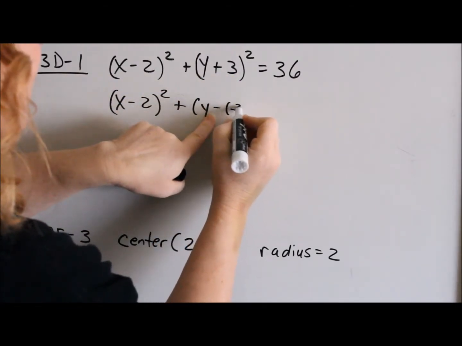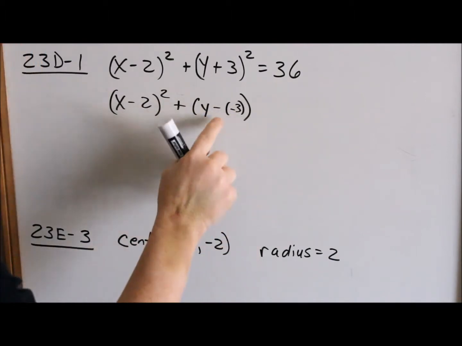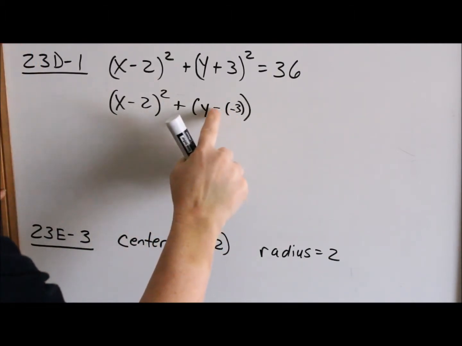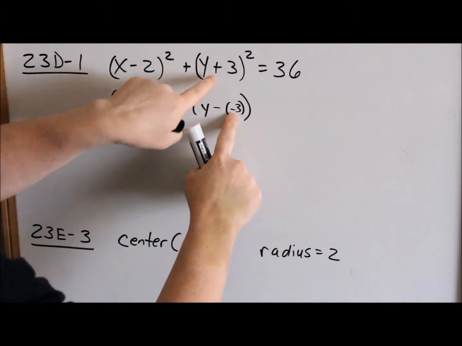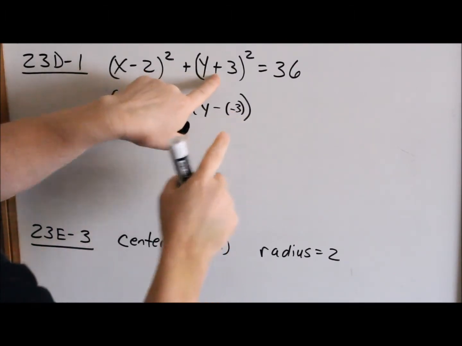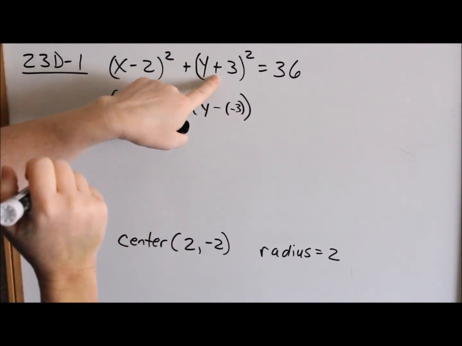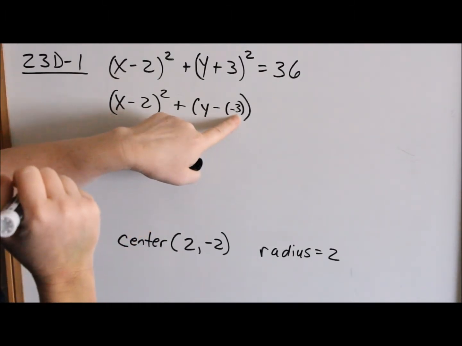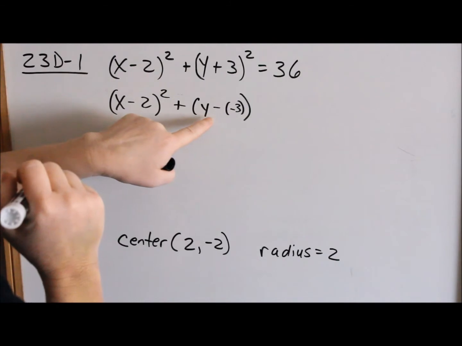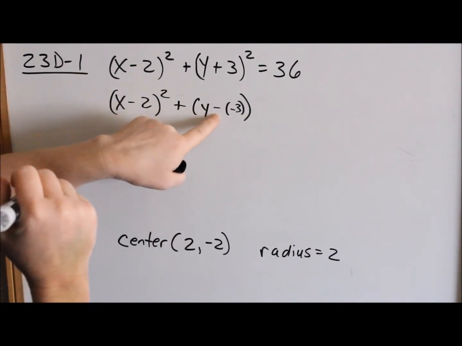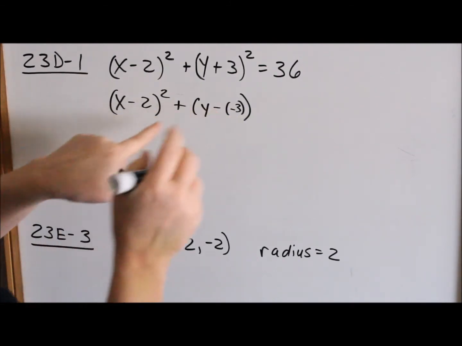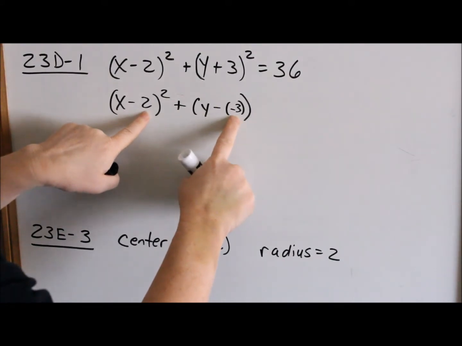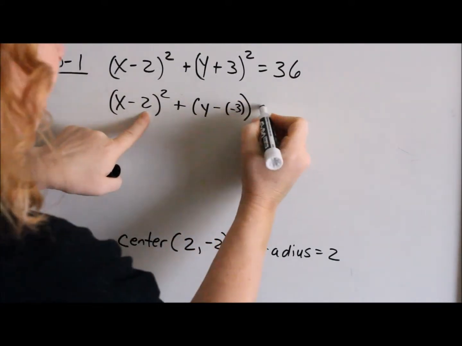It would need to be a negative 3, because y minus a negative 3, minus a negative would make it a positive. So when there's a plus sign in here, it means your coordinate is going to be a negative number. So I would suggest rewriting it like this so that you have a subtraction sign here, because then you'll be able to tell what your coordinates are for the center.